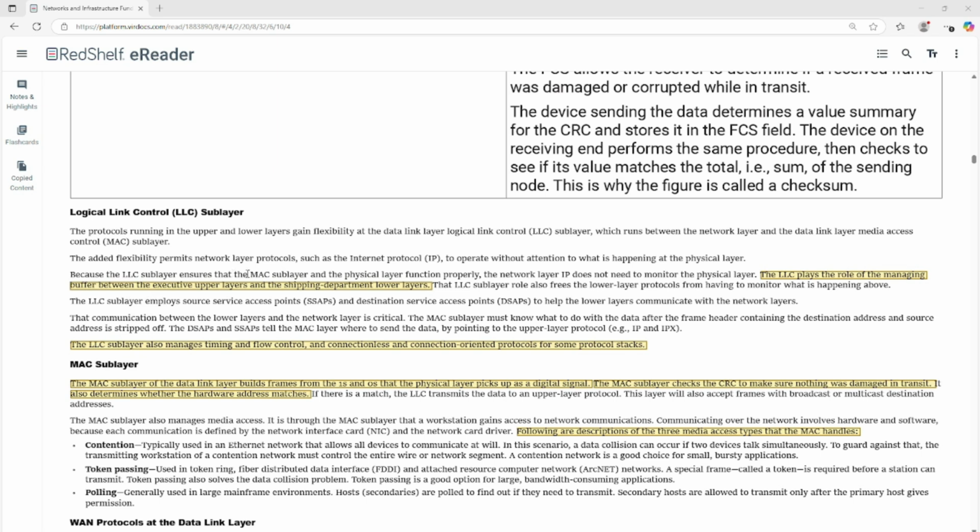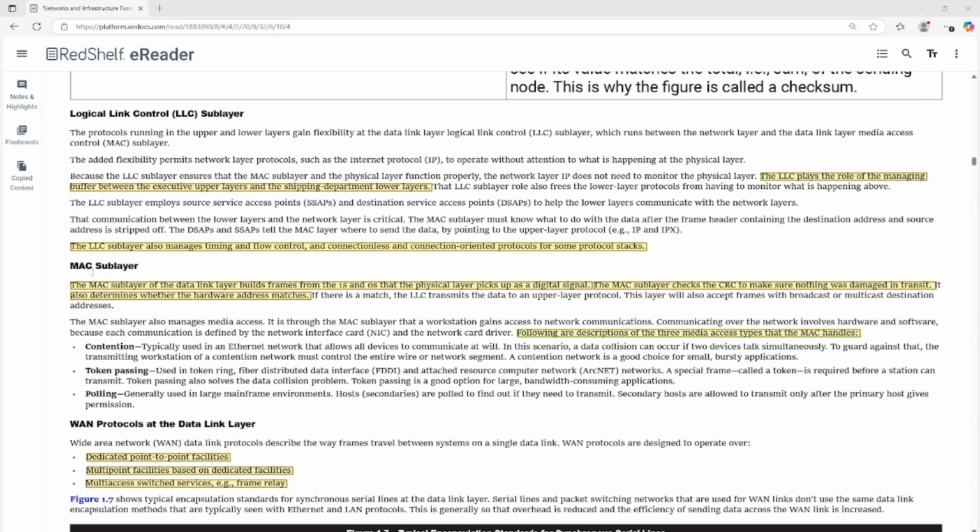For instance, the logical link control plays the role of managing the buffer between the executive upper layers and the shipping department lower layers. That's it. And the logical link control sublayer also manages timing and flow control, the connectionless and connection-oriented protocols for some protocol stacks.